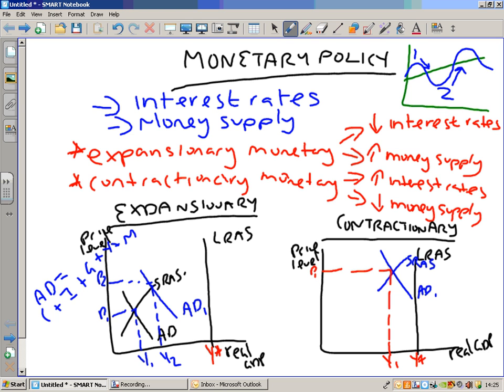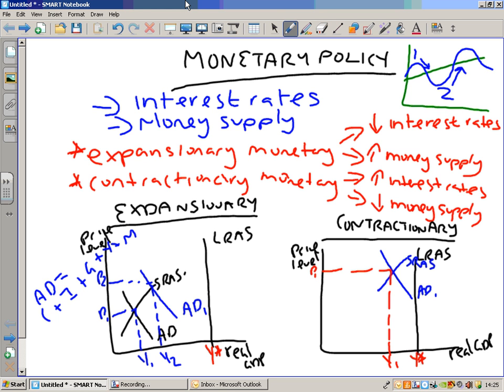We're not that far below Y star. We're heading towards number 1 on our economic cycle. At this point, we know that we're going to start to get very high rates of inflation. This is bad for the economy in the future as price levels start to increase, our competitiveness falls, and then eventually we head back towards a recession.